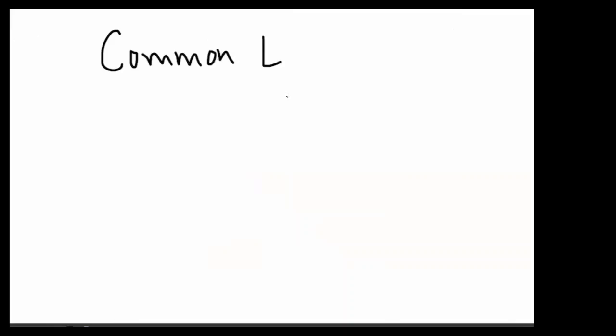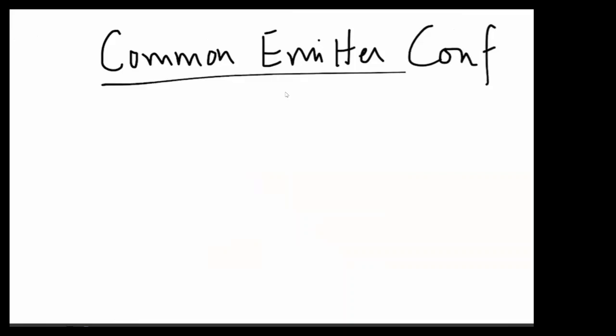In common emitter configuration, this means that we will have the emitter which is going to be common between the input side as well as the output side. So how are we going to do it? So let's see.